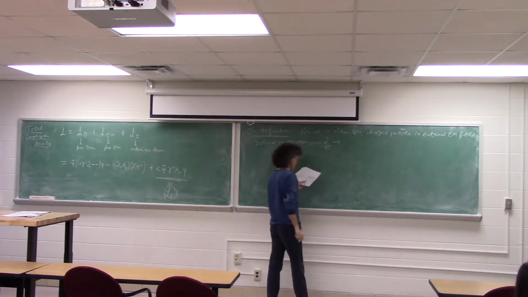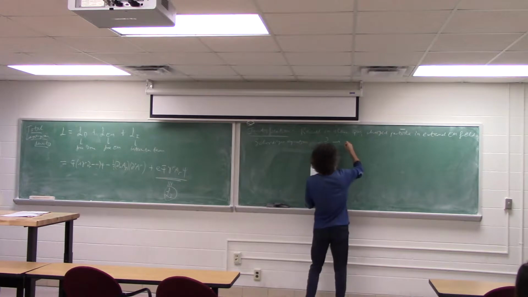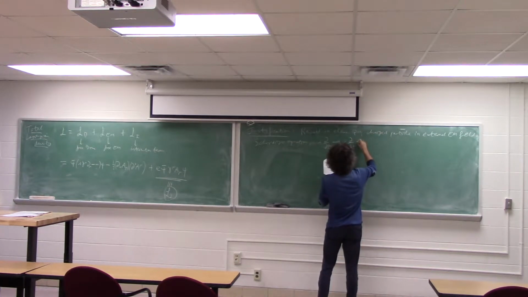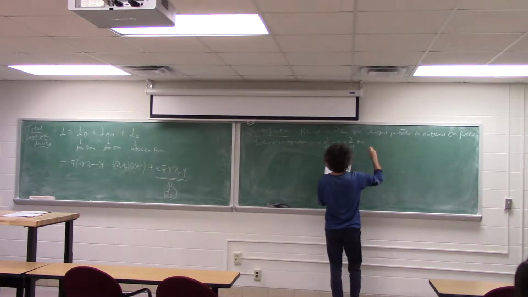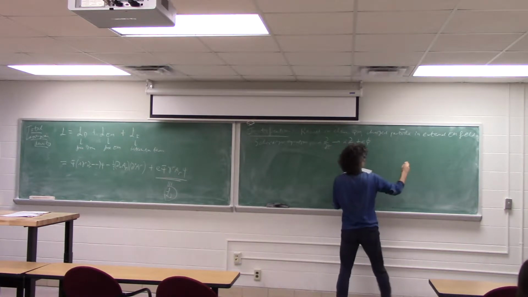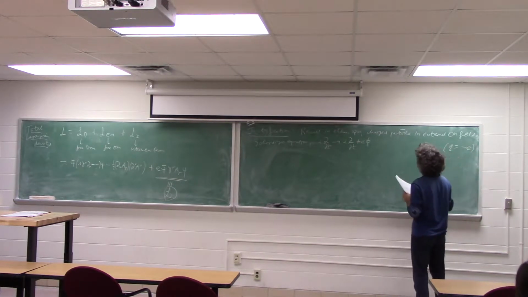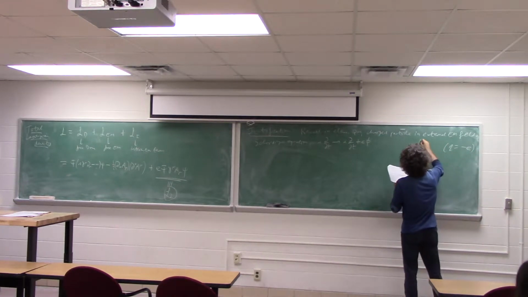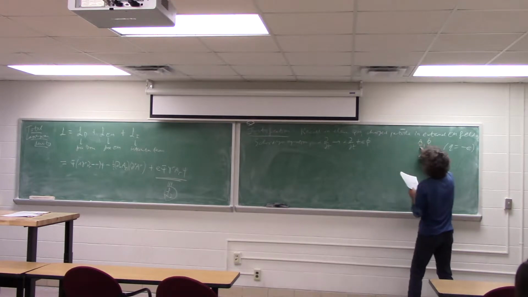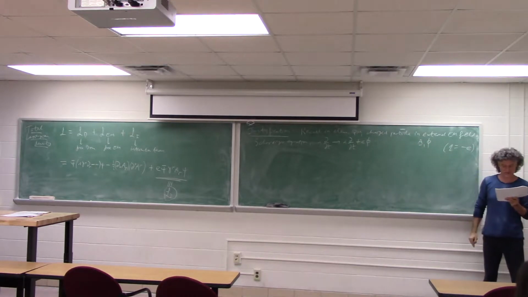i d by dt is replaced by i d by dt plus e phi. So here I'm taking the charge to be minus e. And we have an external electromagnetic field with a vector potential A and a scalar potential phi.